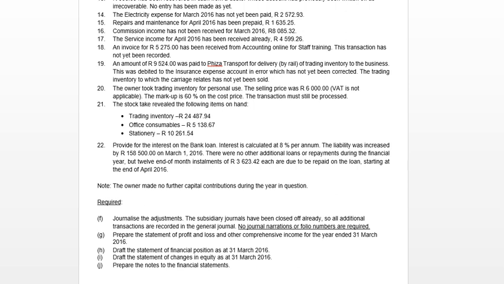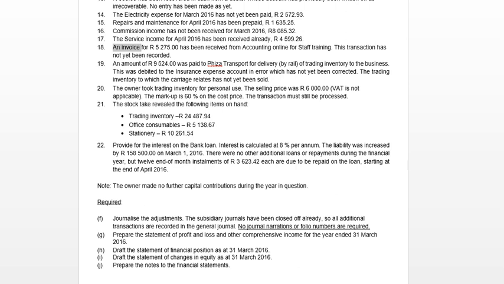Next, what we have is an invoice for 5,275 Rand has been received from Accounting Online for staff training. This transaction has not yet been recorded. So we received an invoice. An invoice normally relates to you buying something on credit.